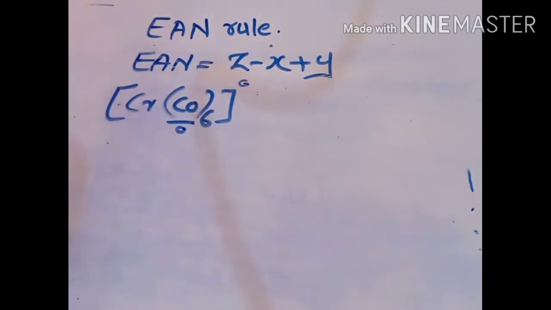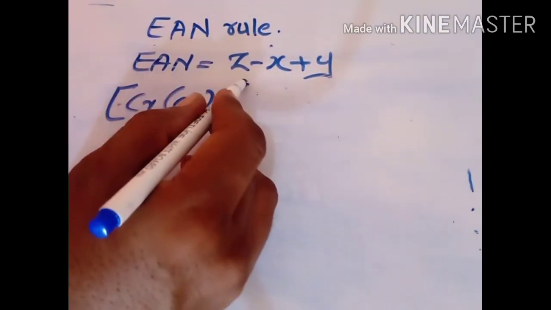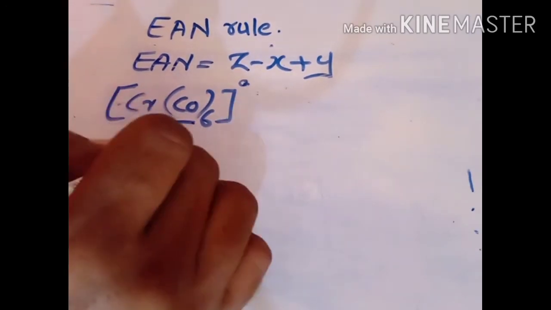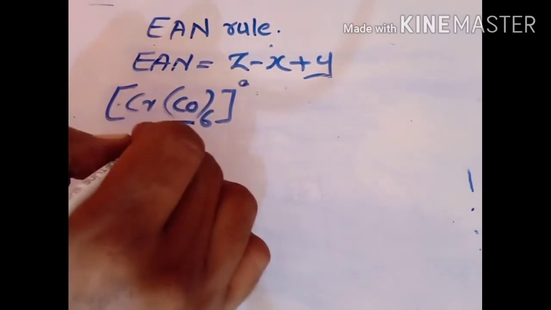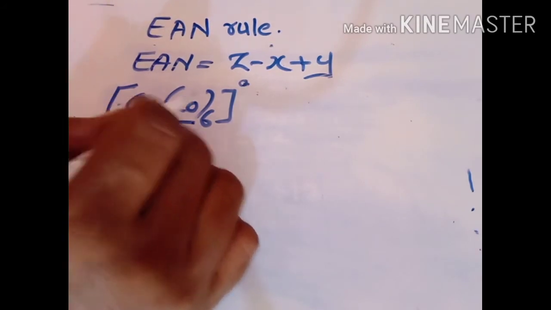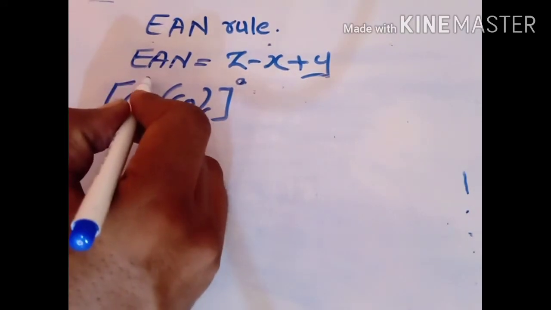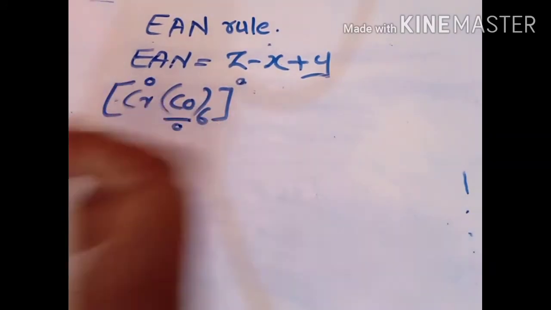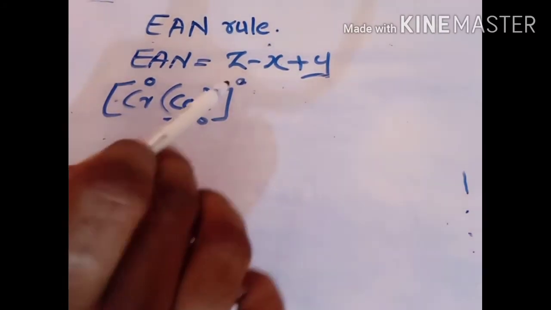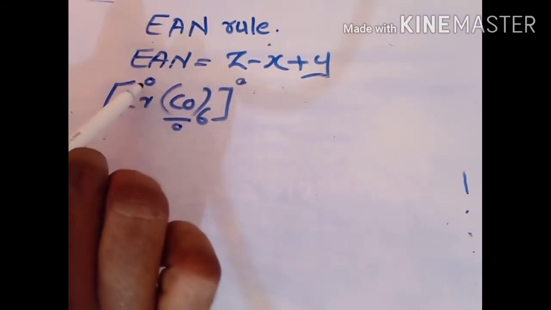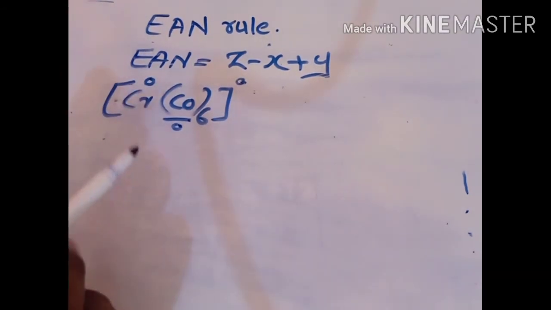That's why we consider its charge as 0. If in a complex the ligands are neutral and the net charge is also 0, then the oxidation state of the central metal ion will also be 0. If it carried any charge, like +2, +3, +4, then that would be the oxidation state of the central metal ion. But there is no charge here, so its oxidation state is 0.